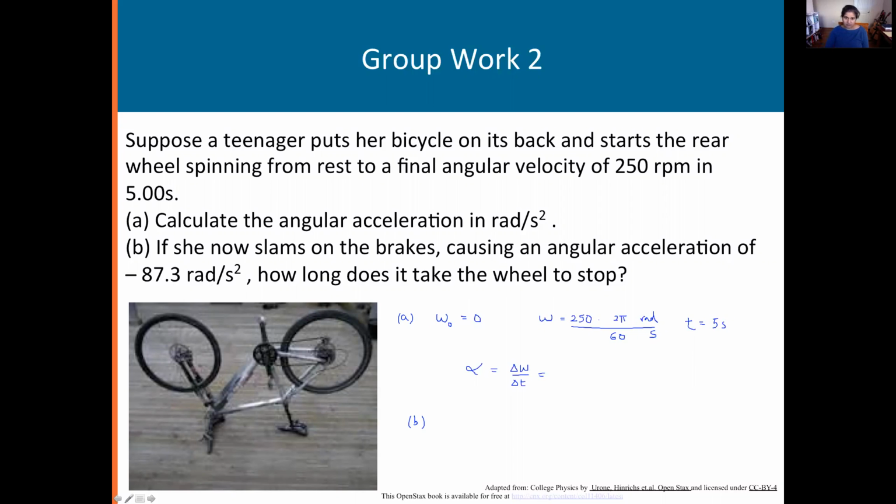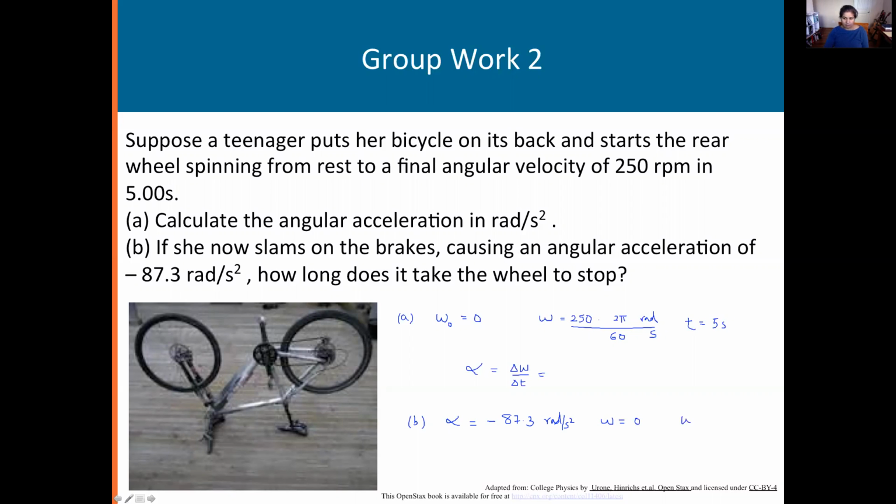We need to use essentially the same concept, except now our starting velocity is given because we just calculated that final angular velocity. That will be the starting one. And we have a constant angular acceleration of negative 87.3. So we're going to use that value. And omega final has to be 0 since it comes to a stop.